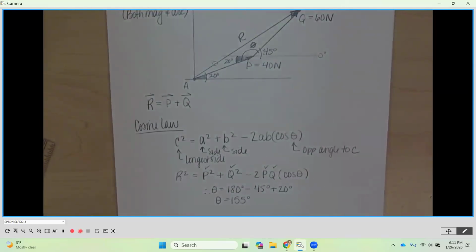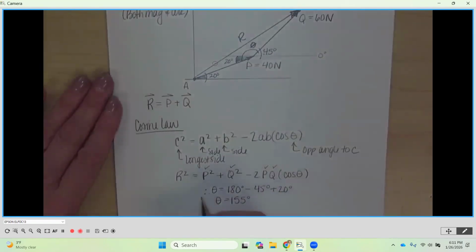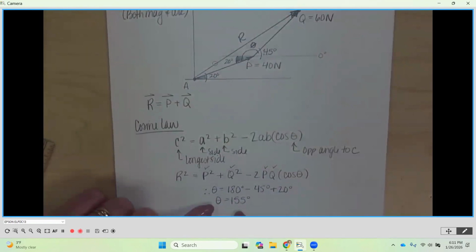And if you make things a little proportional and you spend a little time on it and make the diagrams big enough, those will be easier to see. If you make them tiny and you aren't great at sketching, then all of a sudden they get a little harder to see. So I really suggest trying to get out a little straight edge or a protractor. Okay, so 155. All right, that's what we're going to use here.